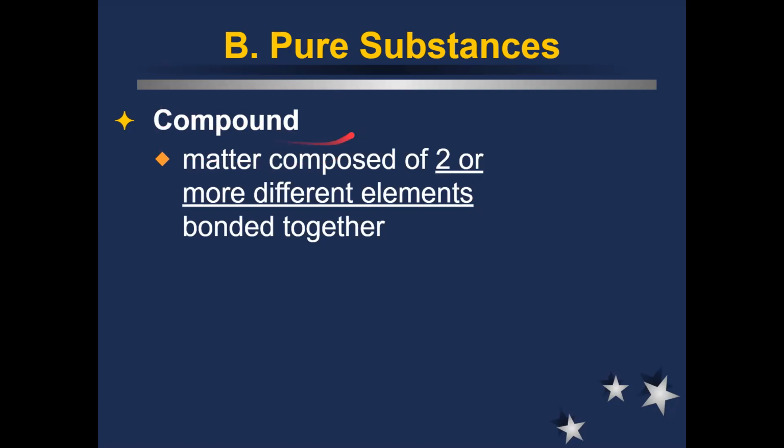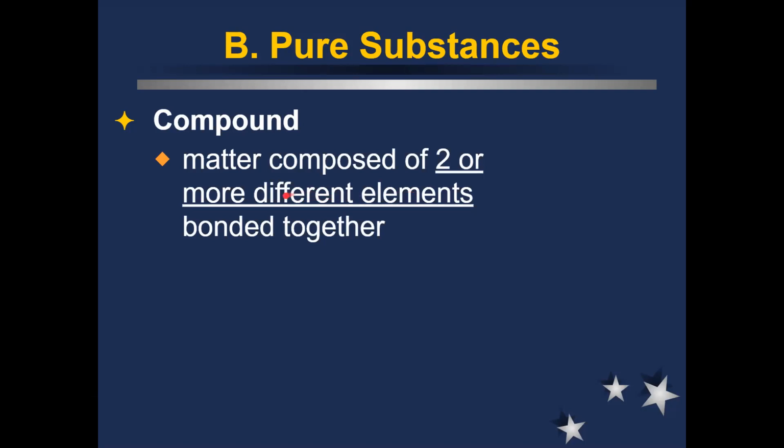So if we have these different elements bonded together in this compound, and every single molecule in our substance is made up of the exact same compound, then it can still be considered a pure substance. There might be different atoms, right?